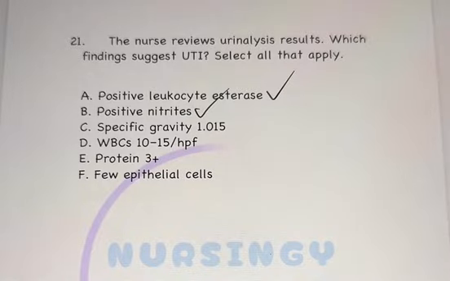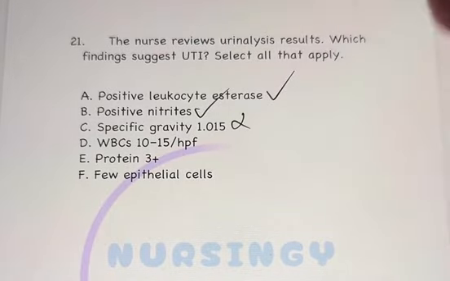Is specific gravity a direct indication of UTI? Normal. Yeah, because specific gravity is not going to be a direct indication. Okay, specific gravity is not a direct indication of UTI, so this is incorrect.